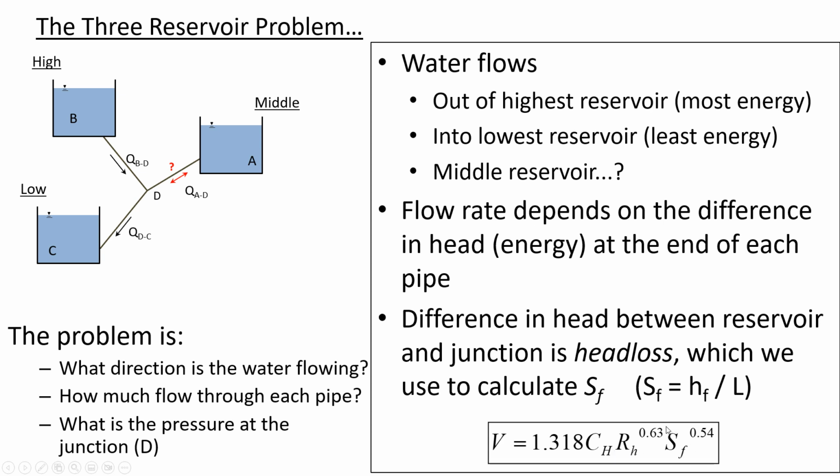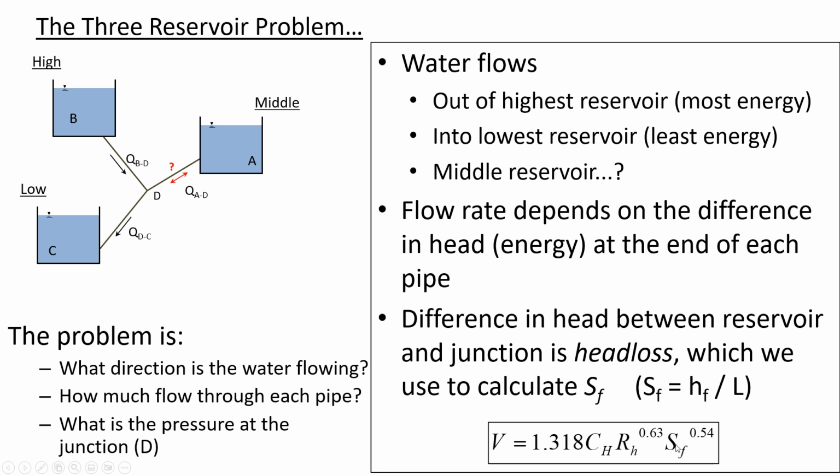If we know the slope of the energy grade line, and for a certain circular pipe we can calculate the hydraulic radius, and for a certain pipe material we'll know the C value, and then this 1.318 is just a correction factor. We're going to get the flow velocity through the pipe by this estimation of the slope of the energy grade line.